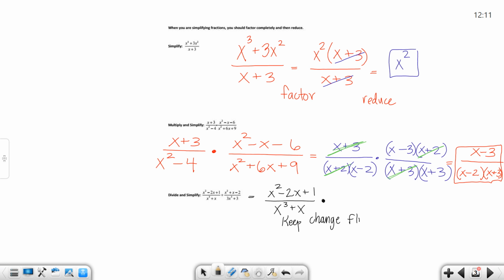And I'm going to flip the second one. Keep, change, and flip. Once you do that, it's exactly like the multiplying problem that you see above. You're going to factor everything out, and then you can cross out.